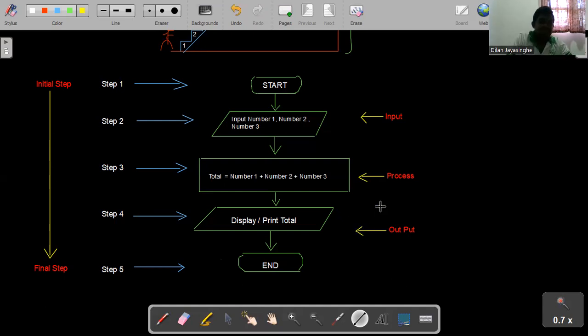Like this. We are calling them input, process, and output statements. Those are statements. Start, end, input, process, and output statements.